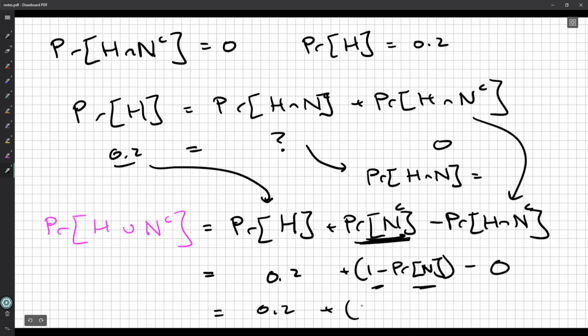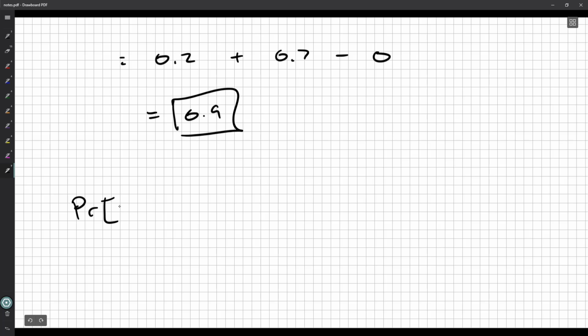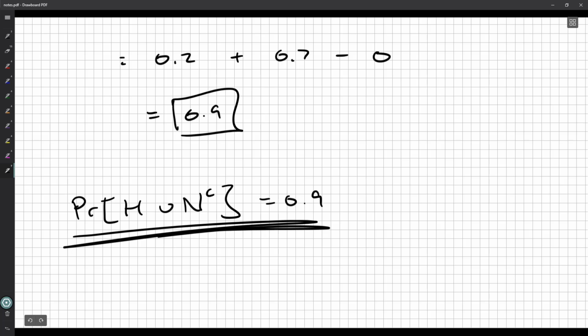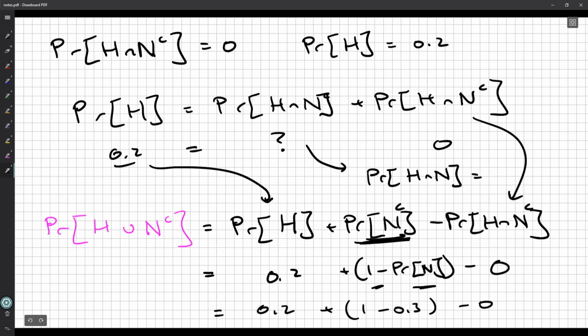So 0.2 plus 1 minus the 0.3 we worked out before, minus 0. 0.2 plus 1 minus 0.3 is 0.7, giving 0.9, or 90%. So the probability somebody buys a hammer or at most 4 nails is 90%. Just playing around with our probability formulas.